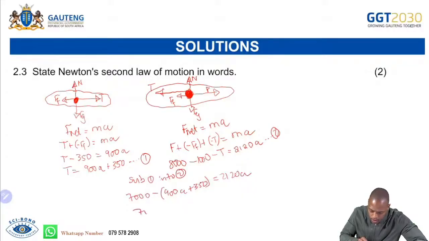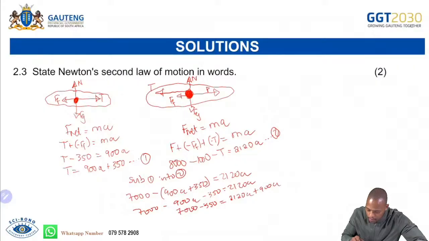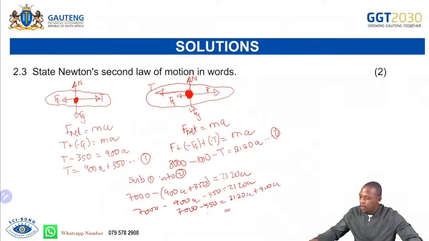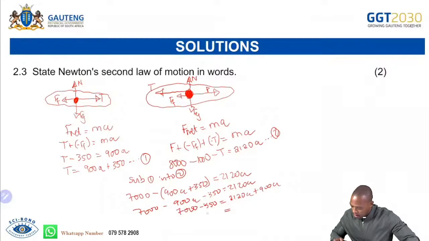So this is going to be 7,000 minus 900A minus 350 is equals to 2120A. Then from there I collect the like terms. Then I'm going to have 7,000 minus 350 is equals to 2120A plus 900A.